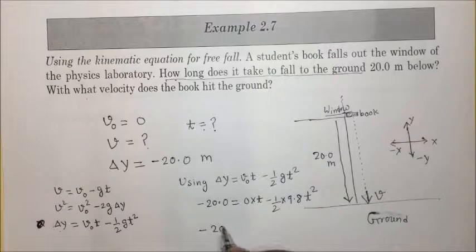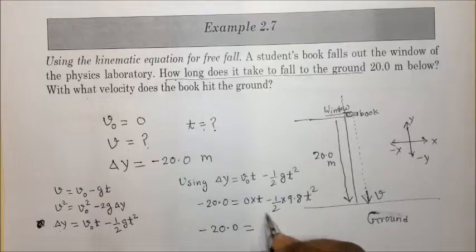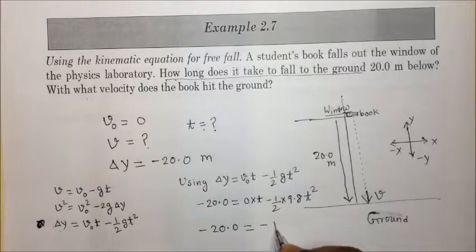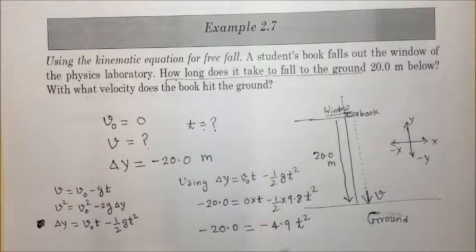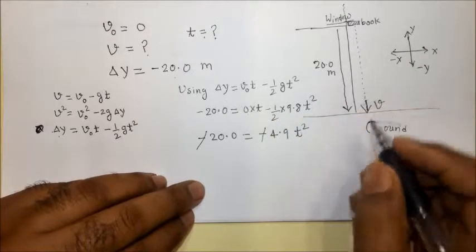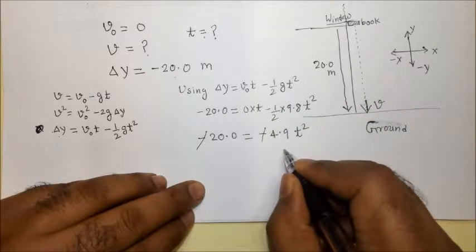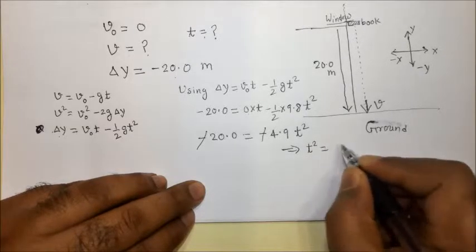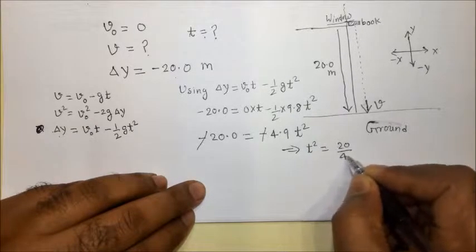So minus 20.0 is equal to, this is 0, minus half of 9.8 is minus 4.9 t square. Minus and minus will cancel. So this gives you t square is equal to 20 over 4.9.